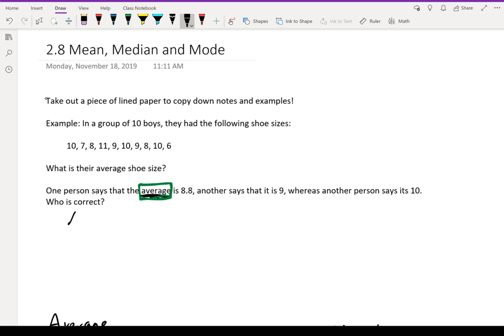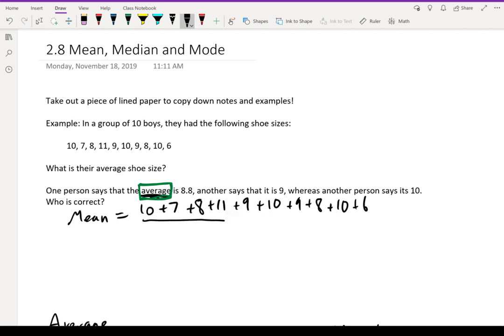The mean is the sum of all the data divided by the total number. So it's going to be 10 plus 7 plus 8 plus 11 plus 9 plus 10 plus 9 plus 8 plus 10 plus 6. That's all 10, right? 1, 2, 3, 4, 5, 6, 7, 8, 9, 10. All of that divided by 10.